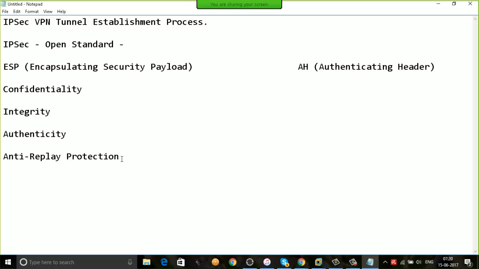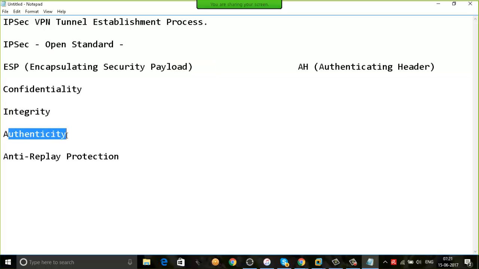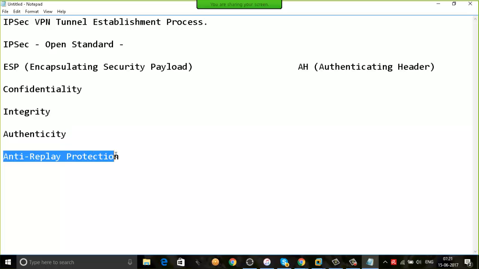So to avoid that, there is a mechanism with which it can be verified whether the packet received on the tunnel has already been processed or not. That's what we call anti-replay protection. When you take the help of ESP, you can achieve confidentiality, integrity, authenticity, and you could also achieve anti-replay protection. All this comes by default.